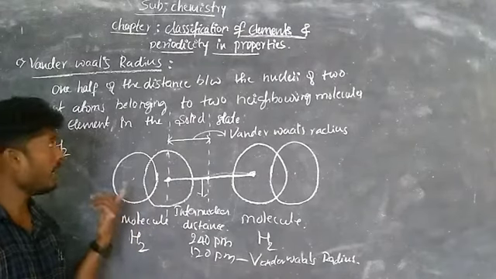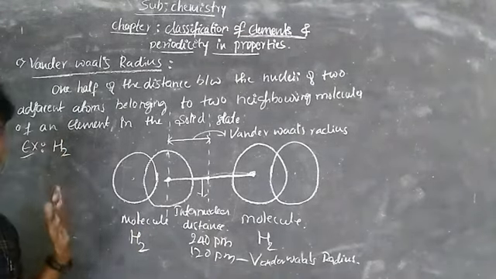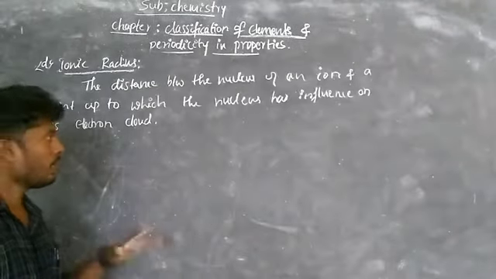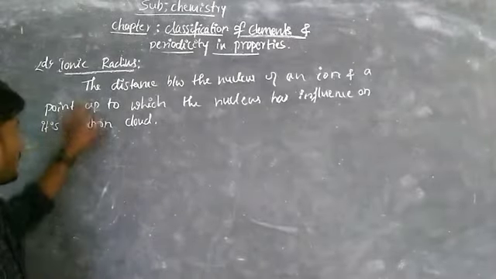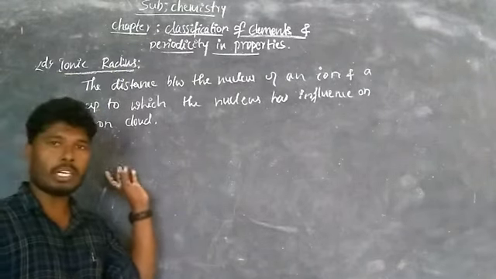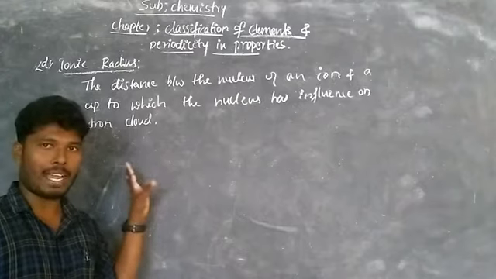Okay. Now take the third one, ionic radius. The fourth one is the last one, that is ionic radius. This ionic radius is seen only in ionic compounds or in ions only.